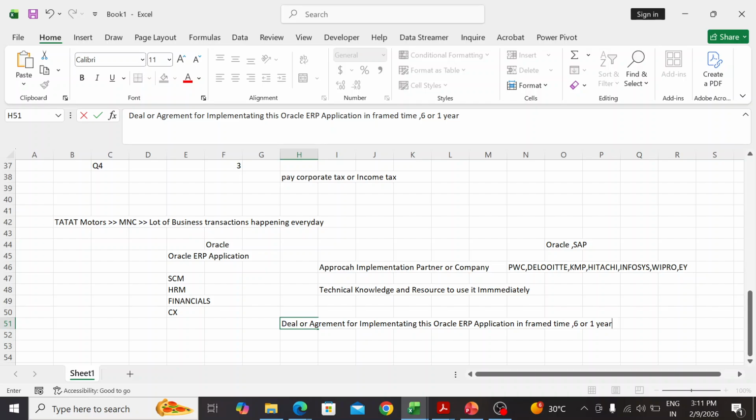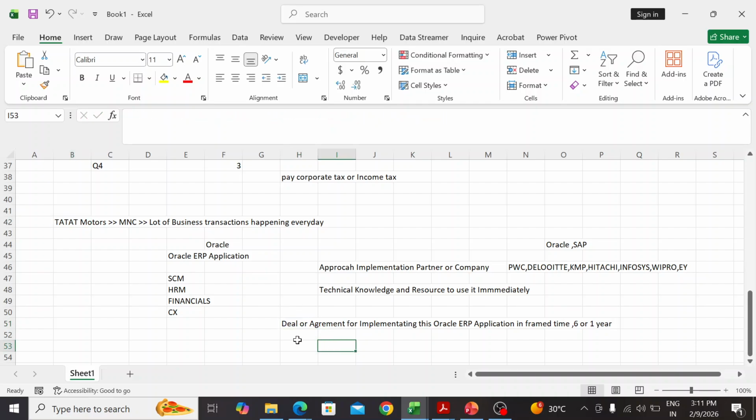Within that period, this implementing partner should understand their business requirements, study what kind of modules and expertise are required, and go for the implementation of this software for Tata Motors. This is what actually happens. So the contract or agreement happens between the implementing partner or company, like Deloitte or PwC.